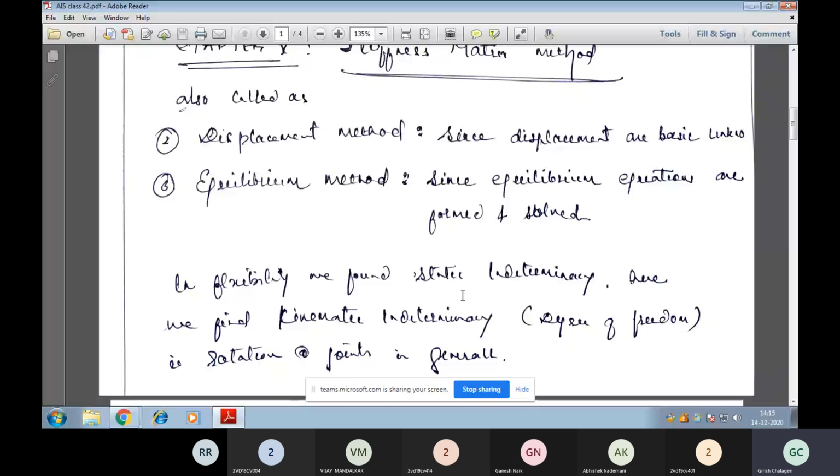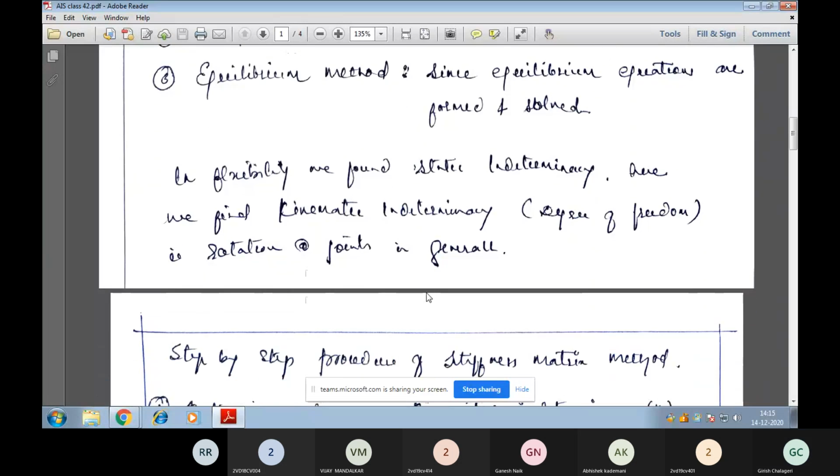At a joint, when a support condition is given, we check in which direction it is free to move. So degree of freedom is what we are finding at the individual joints here. Usually, instead of finding all that, we are going to find the slope at every joint, that is, the rotations. We'll come to know later on when we take one problem and solve it. So it will be easy for you to understand exactly what method is followed in stiffness.